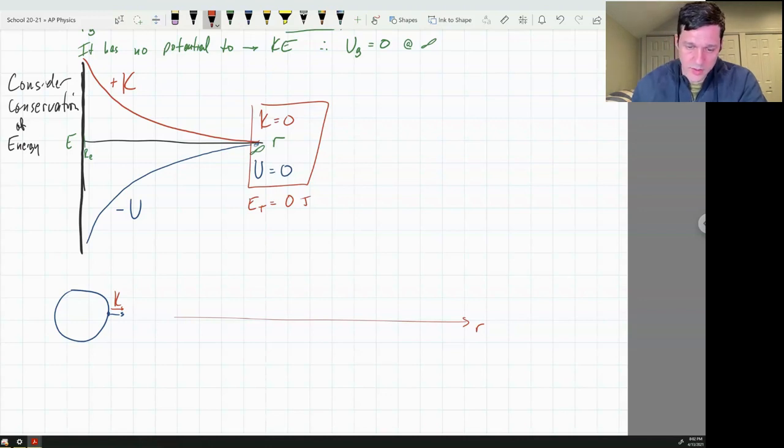So basically we're going to take this graph and work it from this point forward.